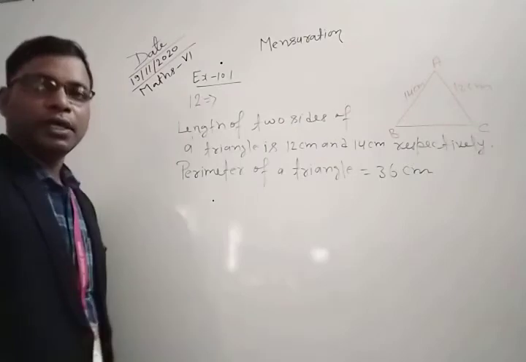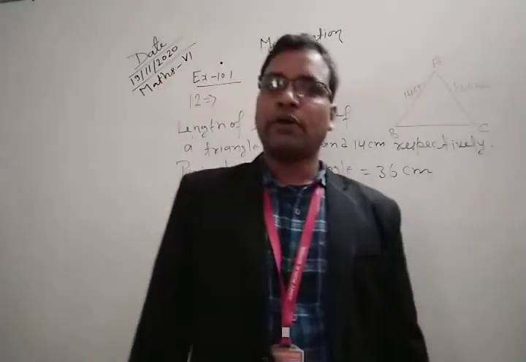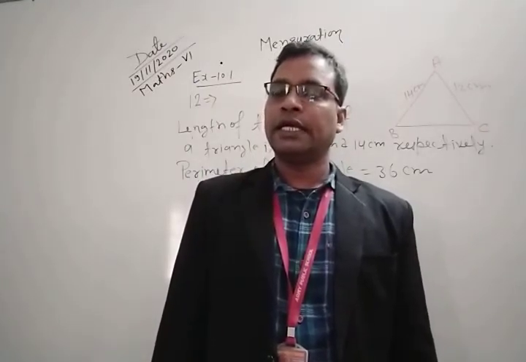Now, you know very well the perimeter of a triangle is the sum of all sides. A triangle has three sides, so the sum of the three sides is the perimeter.